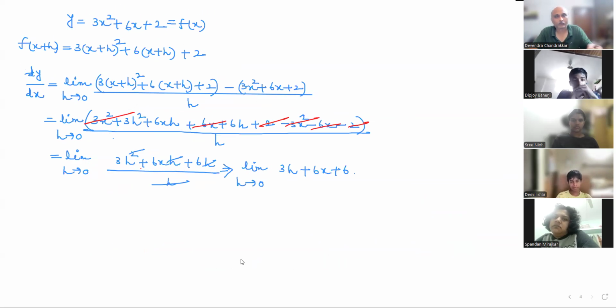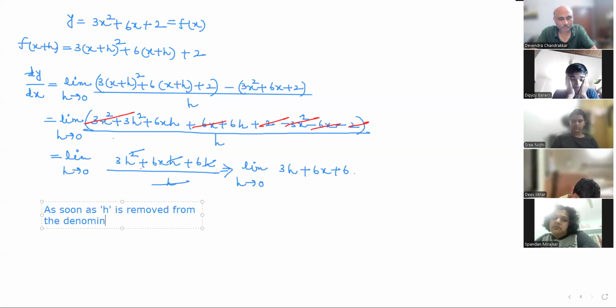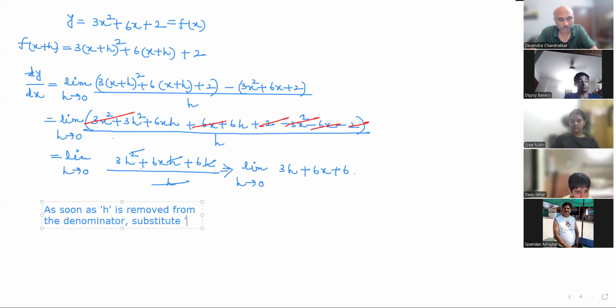As soon as h is removed from the denominator, we substitute h equal to 0 wherever it is in the numerator, because h is very small, h is tending towards 0.